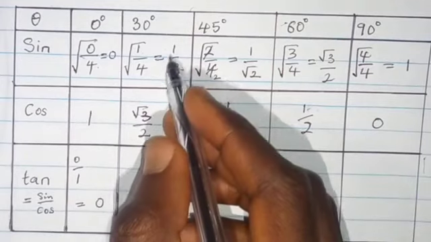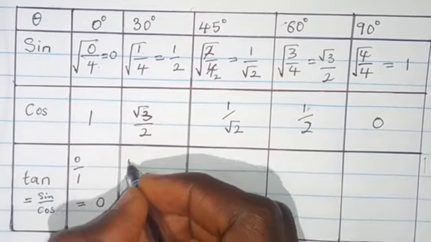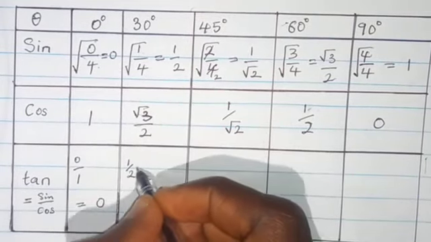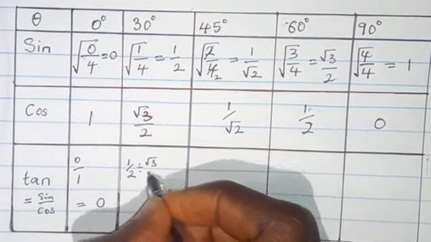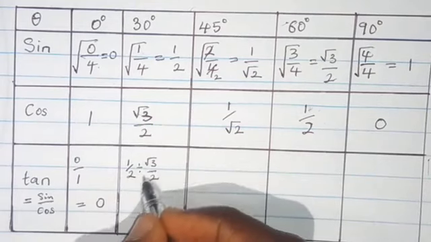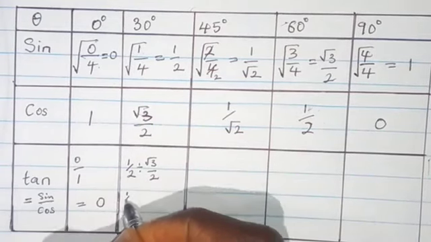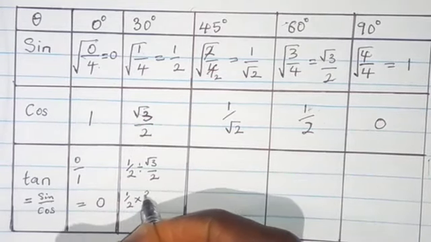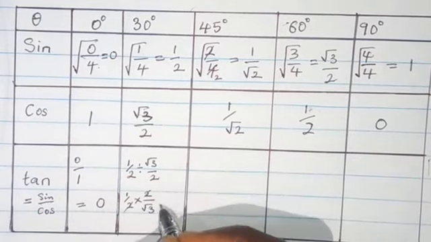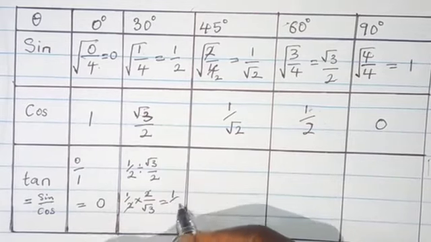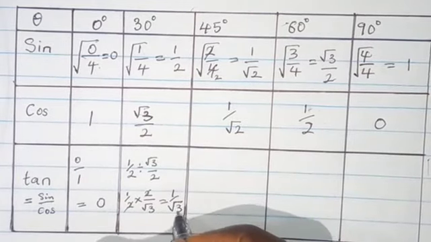And for this one, 1 over 2 divided by square root of 3 over 2. Now let's solve it. 1 over 2 times 2 over square root of 3, because division will change to multiplication with interchanging the last fraction. So 2 cancels 2, so it is left with 1 over square root of 3.